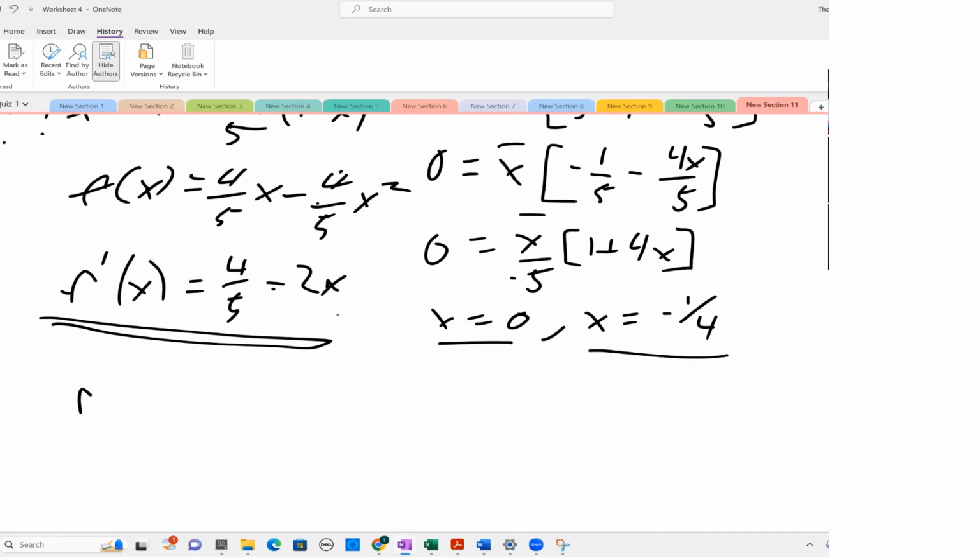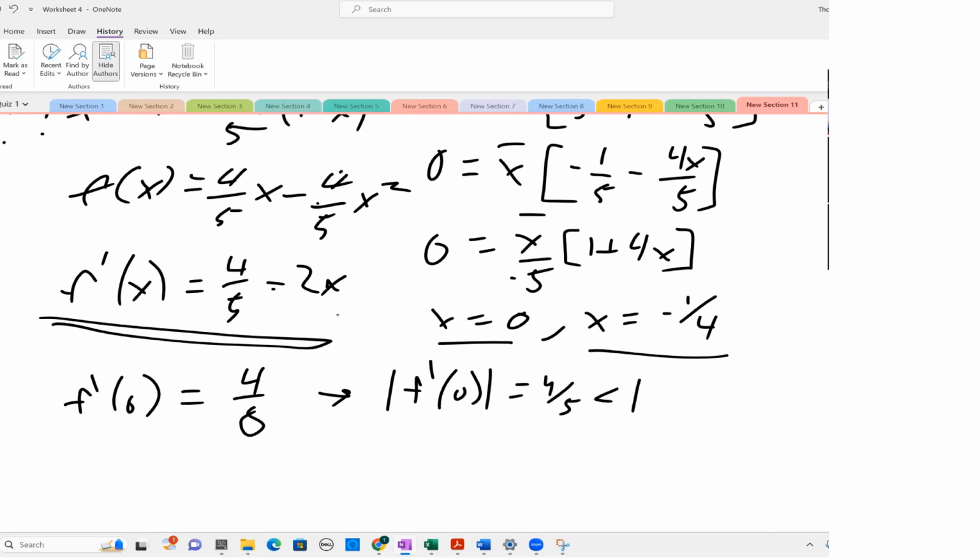And now we're going to check this function evaluated at these points. We can see that f prime of 0 equals 4 over 5. Therefore, the absolute value of f prime at 0 equals 4 over 5, which is less than 1. Thus, stable at x equals 0.